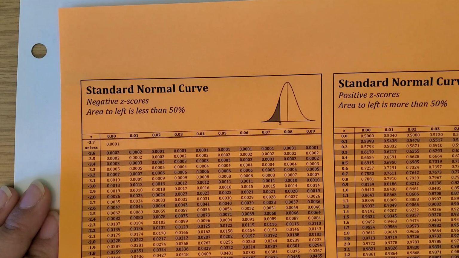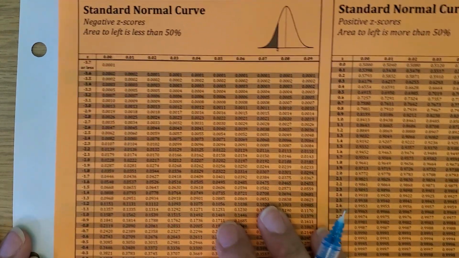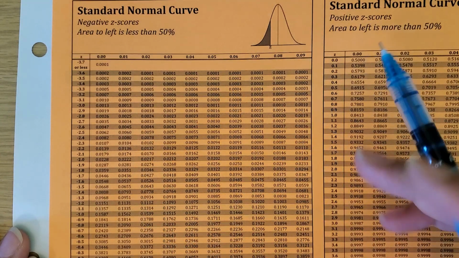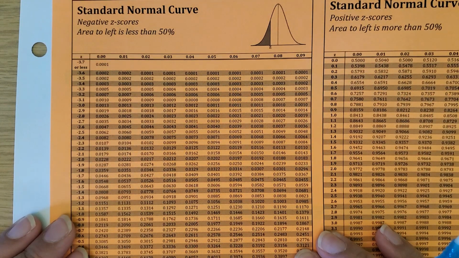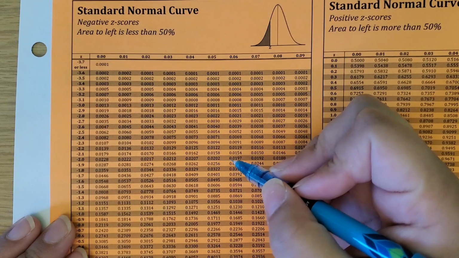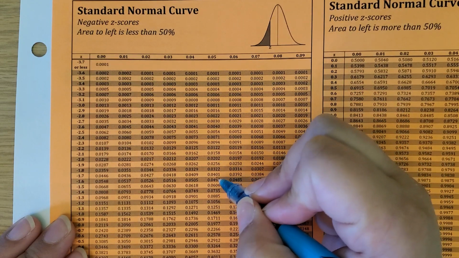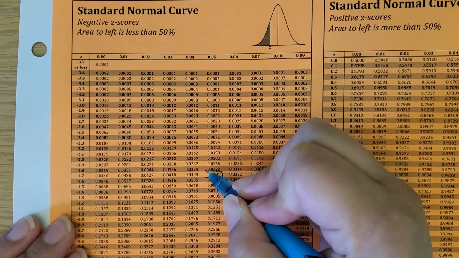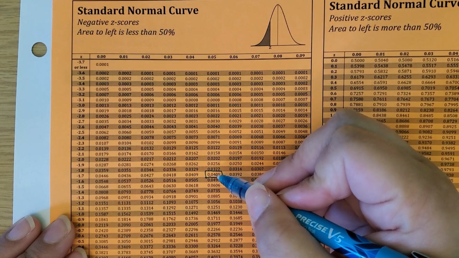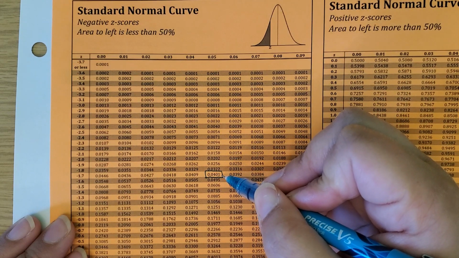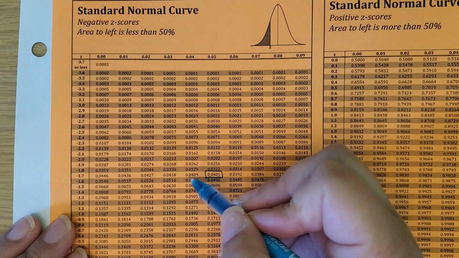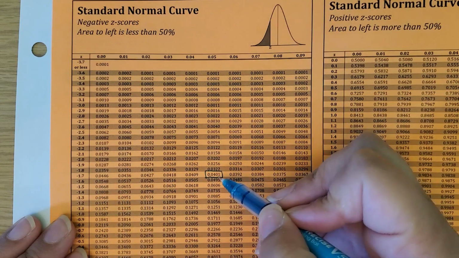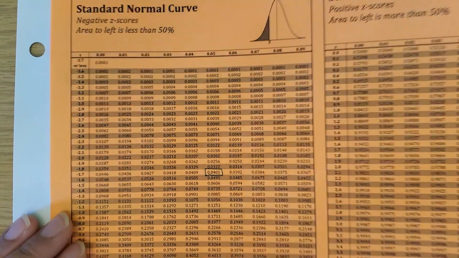Then we grab our standard normal curve table, and we're going to look in the sea of numbers for the closest to 0.0400. When I'm looking that up, it looks like 0.0401 is the closest we're going to get. And that had a z-score of negative 1.75.